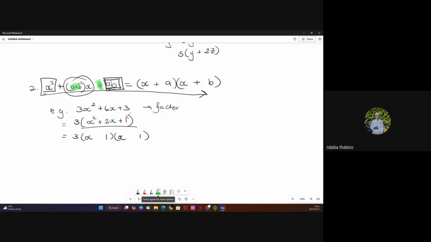Isn't there supposed to be a bigger bracket, like for the two brackets there? Okay, so you're asking if this is not supposed to be a bigger bracket?